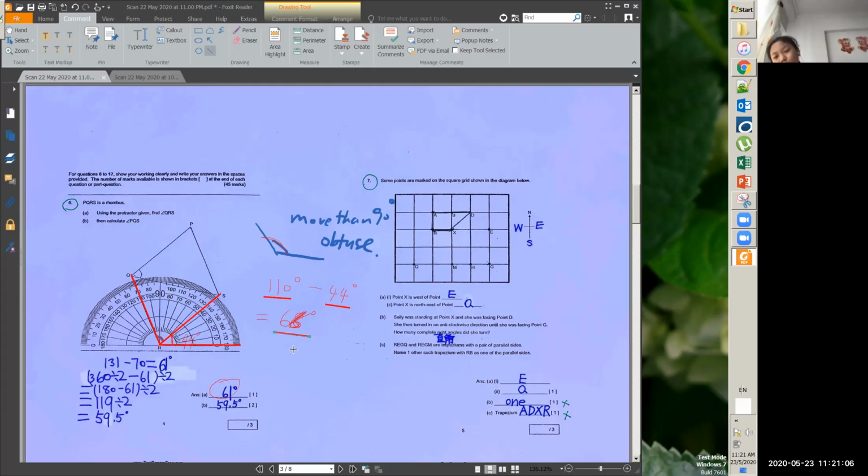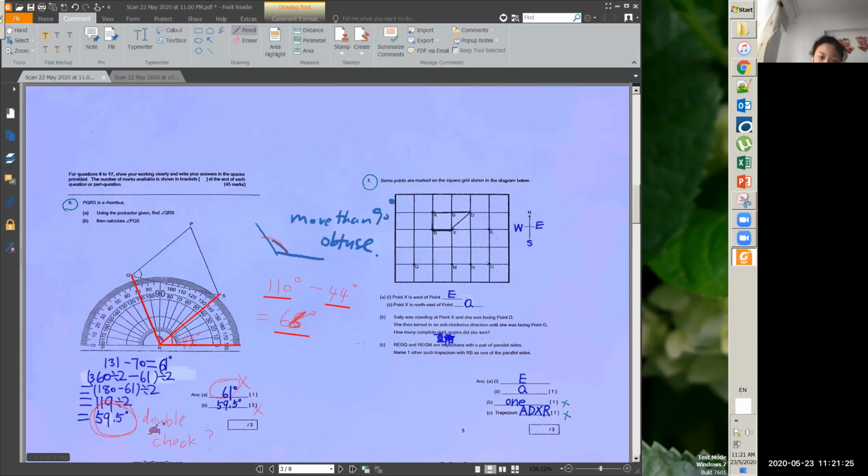So once you get this 66, because your first part is wrong, that's why your second part is also wrong. Next time, when you get a decimal number, please double check. Whenever you get a decimal number for an angle, you had better check your answer.